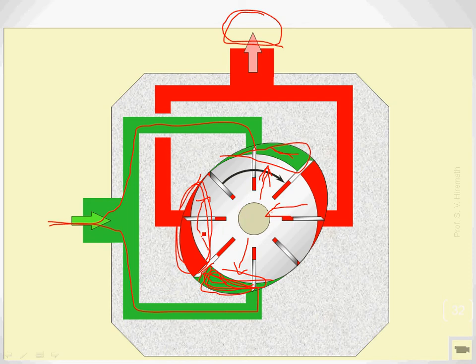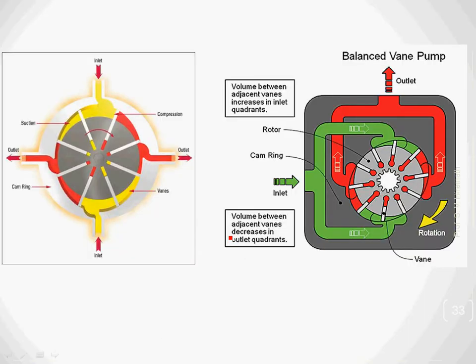The same magnitude positive force will be there from this side also, and these are also going to cancel each other. So the net resultant force will be 0 on the shaft, because of which the life of this balanced type of vane pump will be more compared to the unbalanced type of vane pump, right?